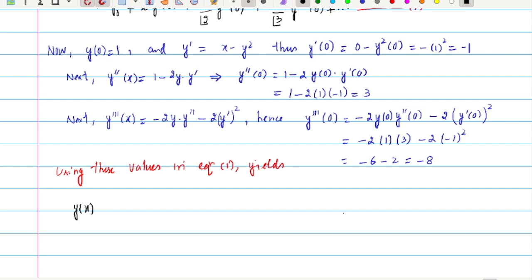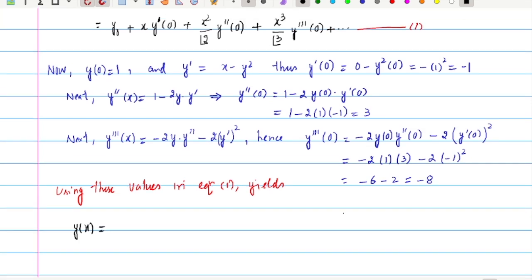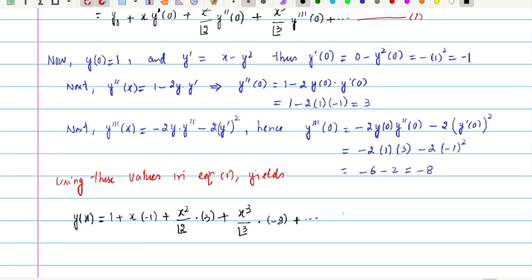So y of x becomes equal to, first of all, we will have y0, and y0, as we know, is equal to 1, plus x into y dash of 0. y dash of 0 is computed here, that is equal to minus 1, plus x square divided by 2 factorial into y double dash of 0, that is equal to 3, then plus x cube divided by 3 factorial, y triple dash of 0, that is equal to minus 8, then plus so on.